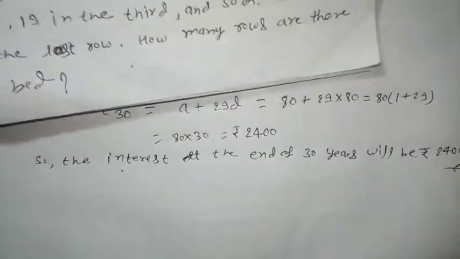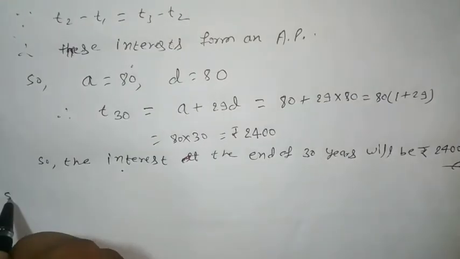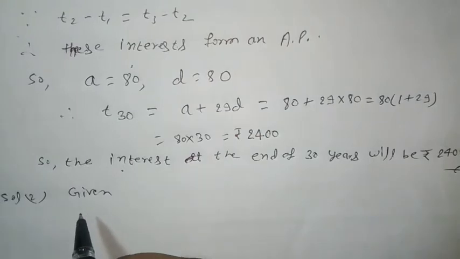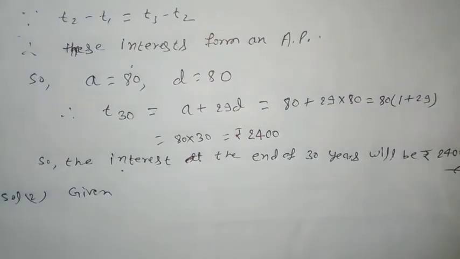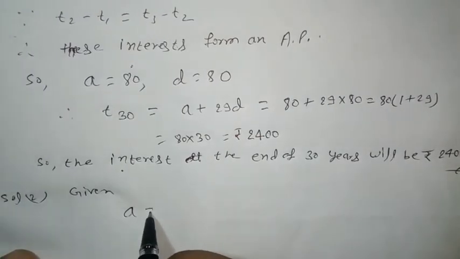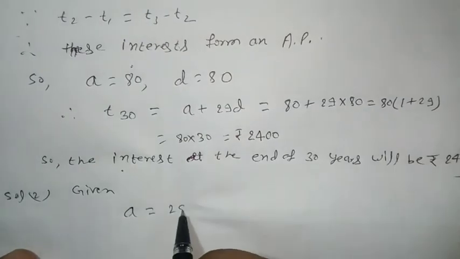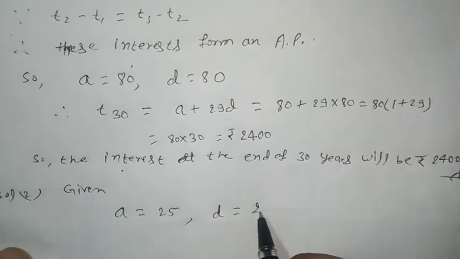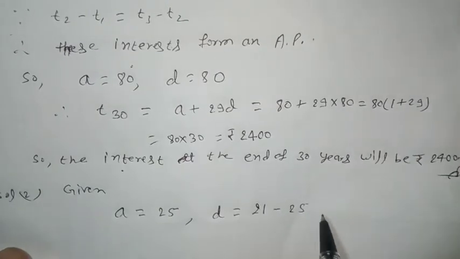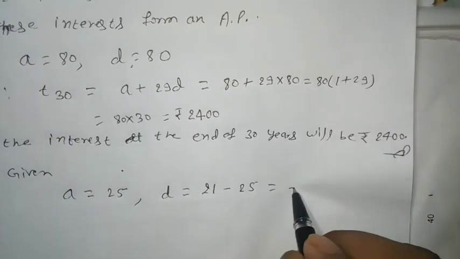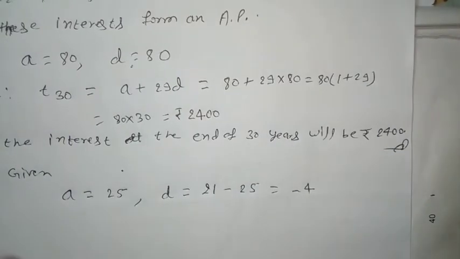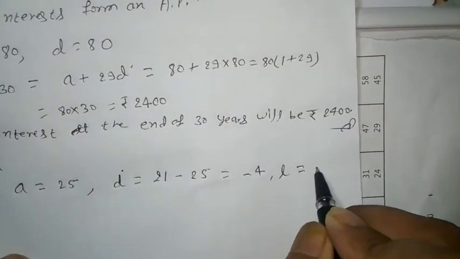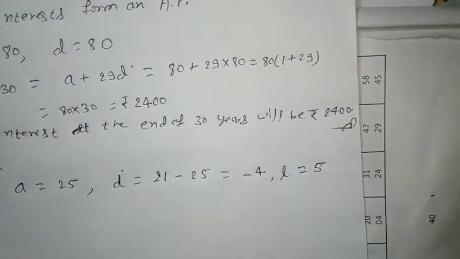Now solution 2. Given: A is equal to 25, D is equal to second term minus first term, 21 minus 25 is equal to minus 4. L is equal to 5.